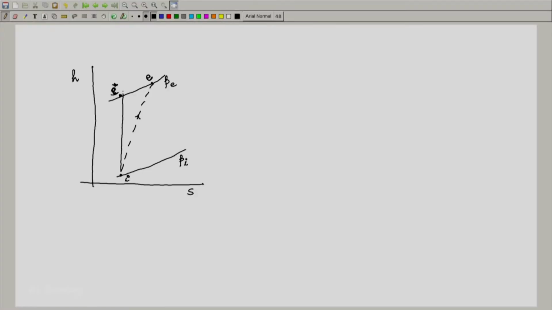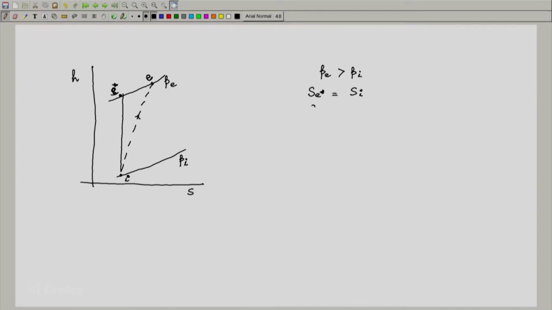So, we can write down the same equations that we had done for the turbine. In this case, we will see that Pe is greater than Pi, because this is a compressor. Se star of course is equal to Si, which is the inlet entropy.